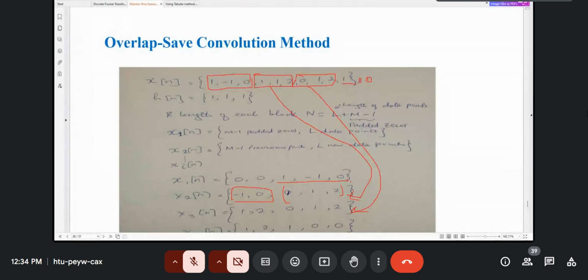Whenever you have this, you must make the sequences the same length, so you do padding. Padding is a very common thing when you're dealing with the DFT, because especially if you're going to do circular convolution, you need sequences of a certain length.